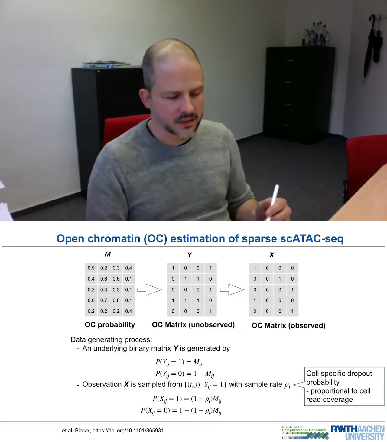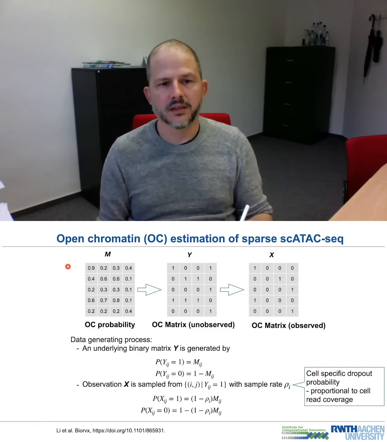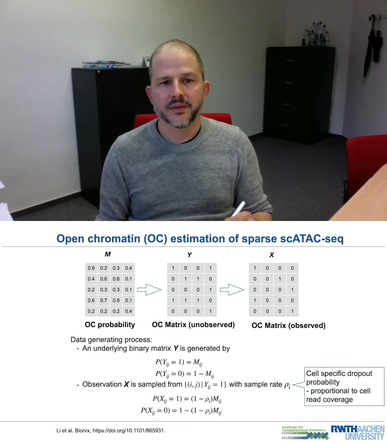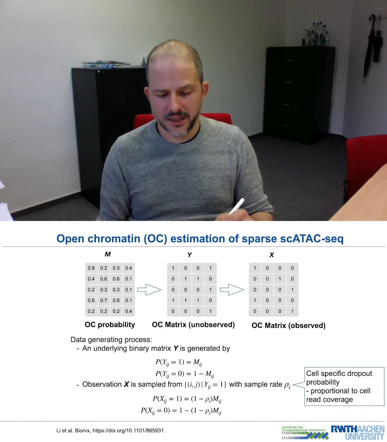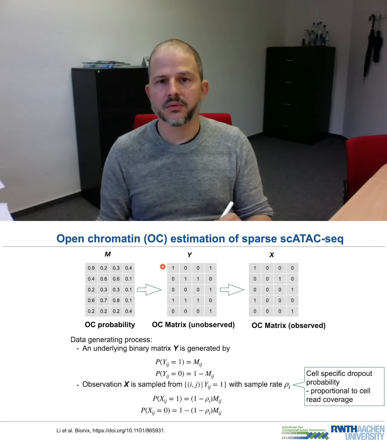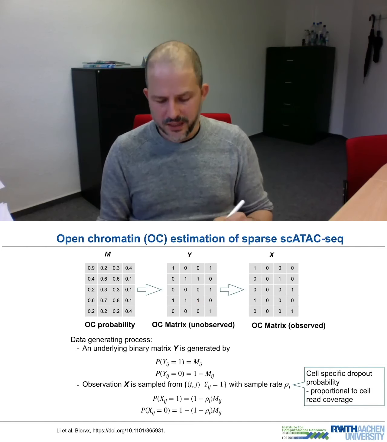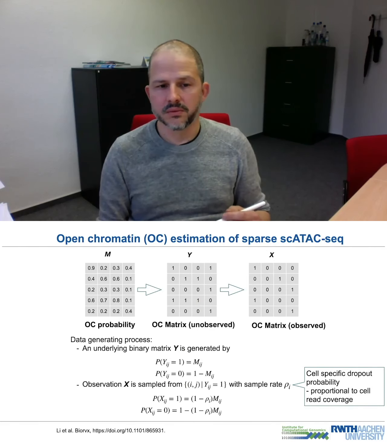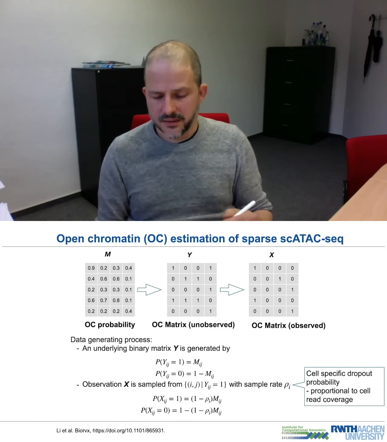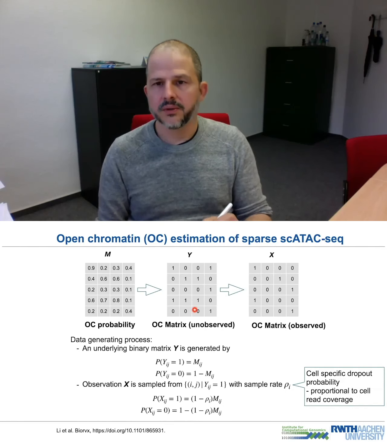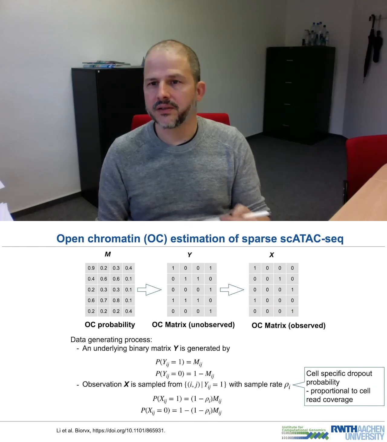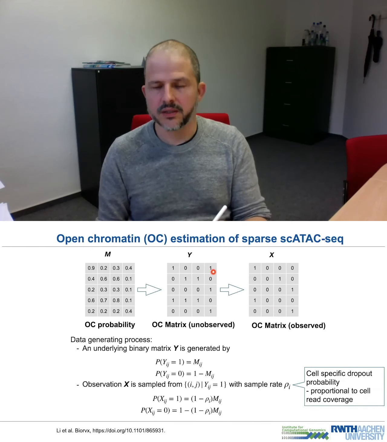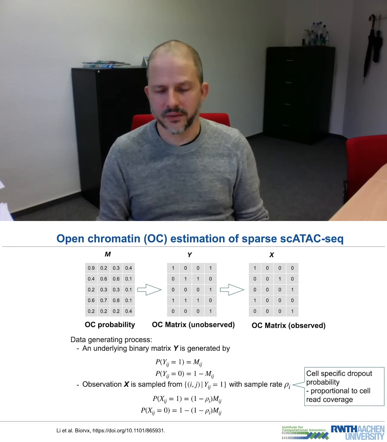So how does the method work? We want to estimate this matrix M. And this is now given the probability that your chromatin is open or not. And this is encoded by this matrix Y, and we can encode this using these easy probability rules. The thing is that actually we don't really observe Y. We observe X, which is a matrix which has dropouts. So some of the ones, for example, here, are likely to be lost because of loss of DNA material.